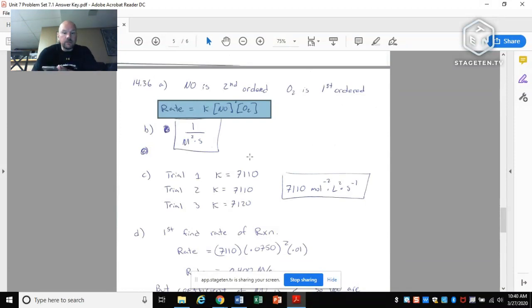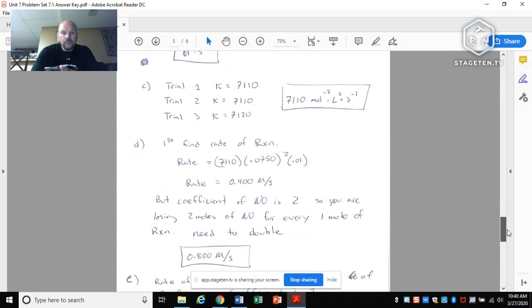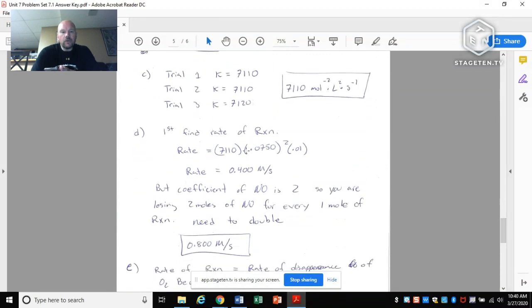So this kind of goes back to knowing the mole ratio. The initial rate given in those charts is the initial rate of the reaction. Remember when you get the delta H value for a reaction, it's in kilojoules per mole of reaction.